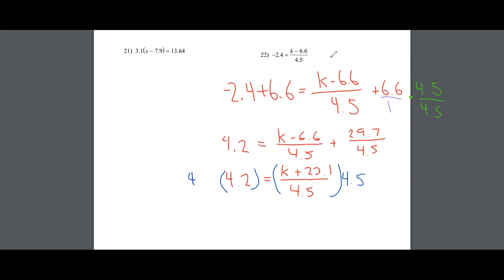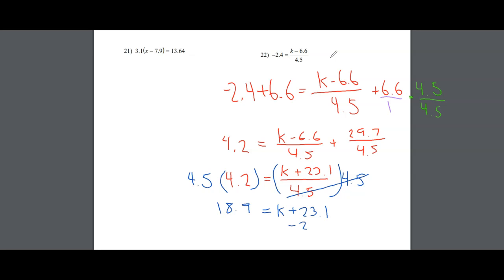You can see how much longer this way is taking me, right? 4.5 times 4.2 gives me 18.9. On this side, my 4.5 and my numerator and denominator simplify, and I'm left with k plus 23.1.